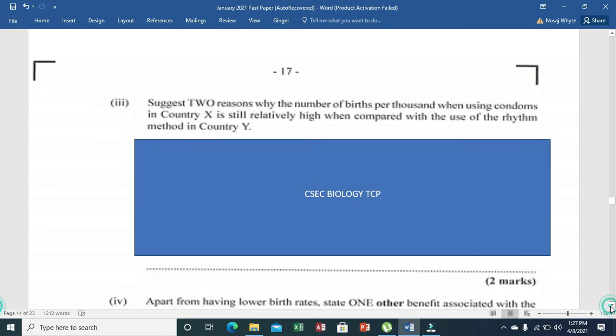It says that we're supposed to suggest two reasons why the number of births per 1,000 when using condoms in country X is still relatively high when compared with the use of the rhythm method in country Y. Now let us look at what our answer is here.